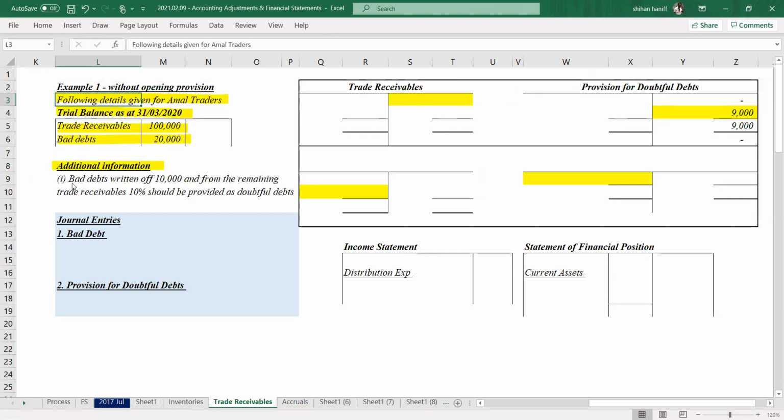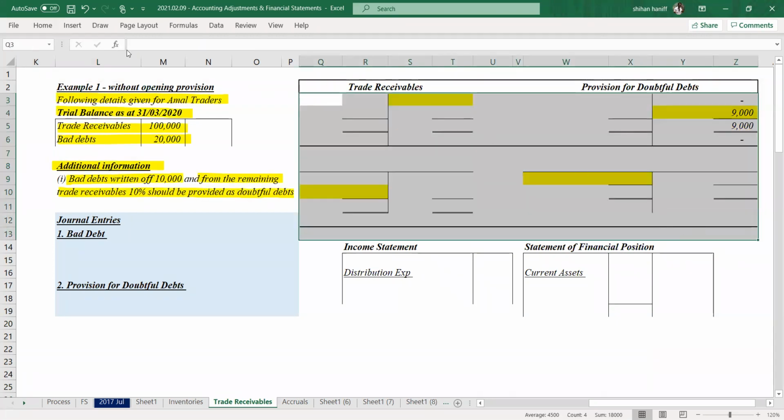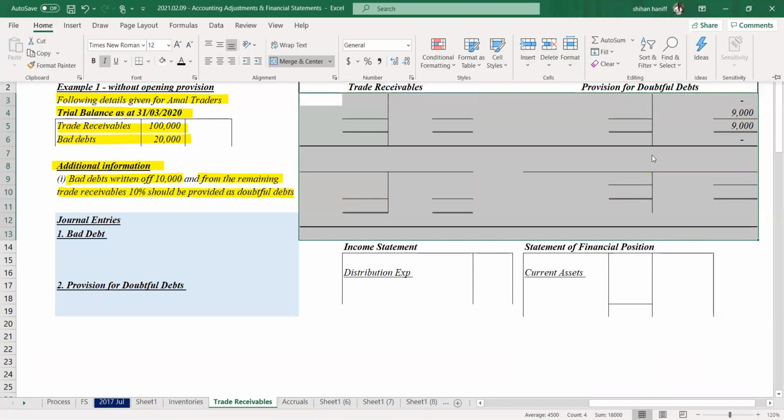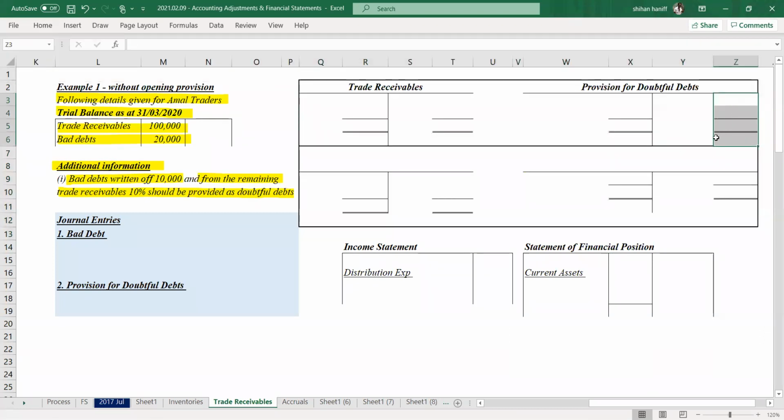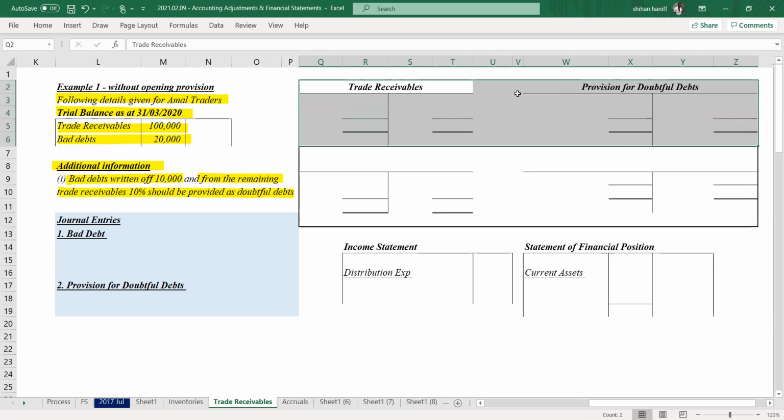Additional information: bad debt written off 10,000, and from the remaining trade receivables 10% should be provided as doubtful debts. I need two accounts, trade receivables account and provision for doubtful debt account.